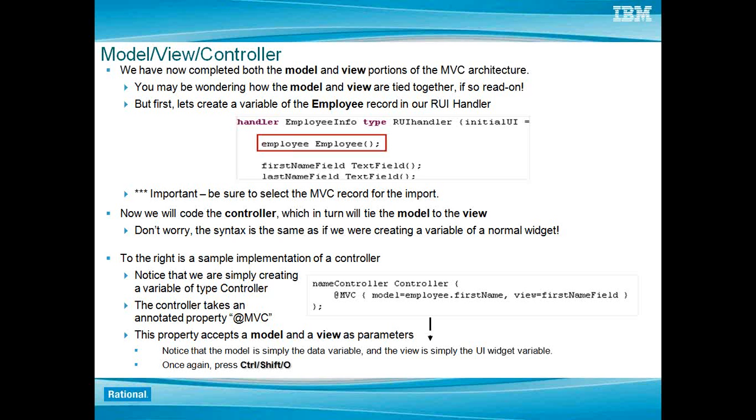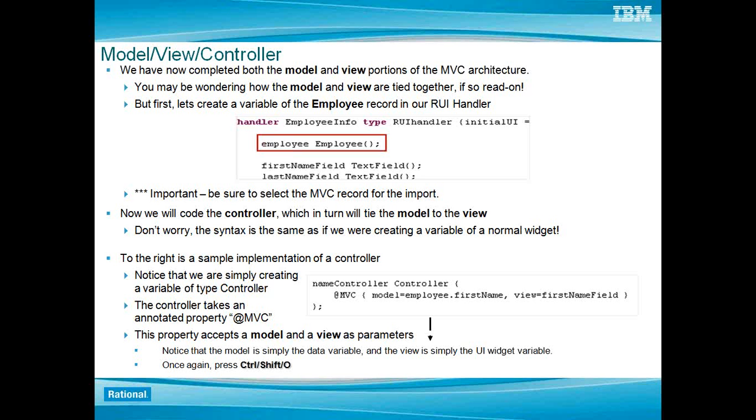This annotation property is starting with $, and then MVC in caps, and then within the curly braces we have specified which will be the model and which will be the view on which this controller will react.